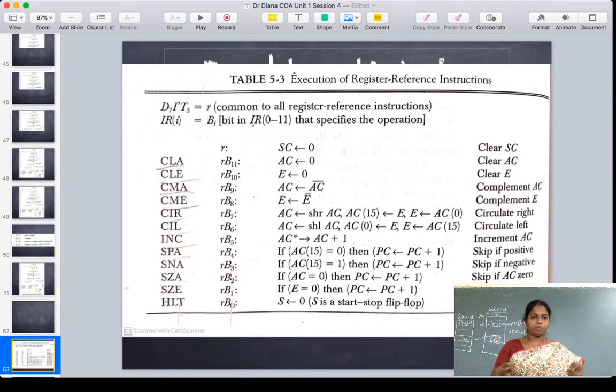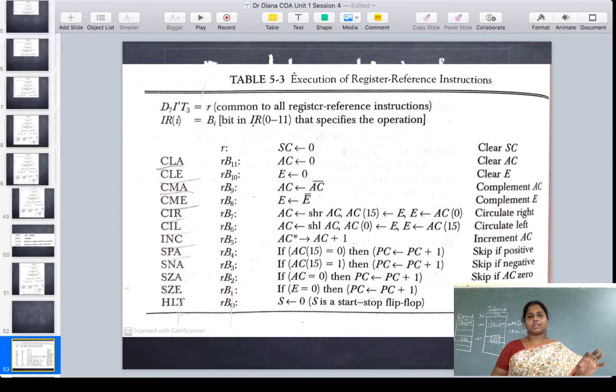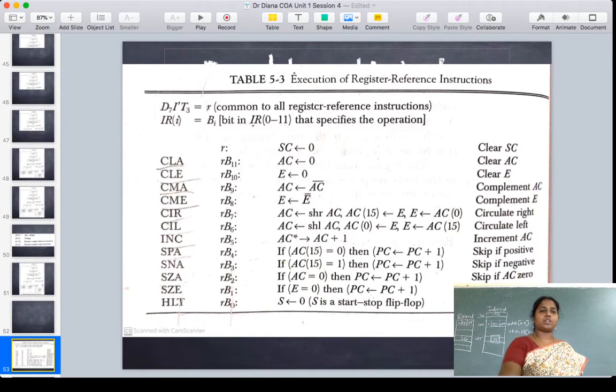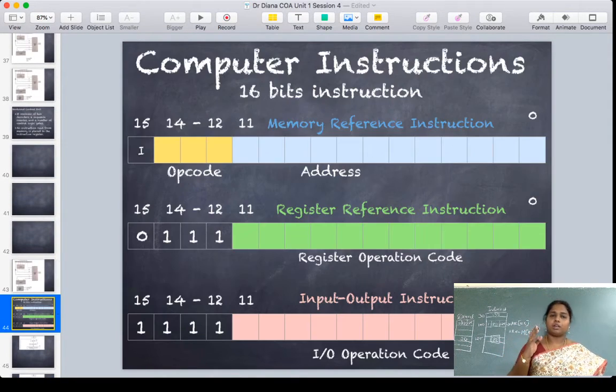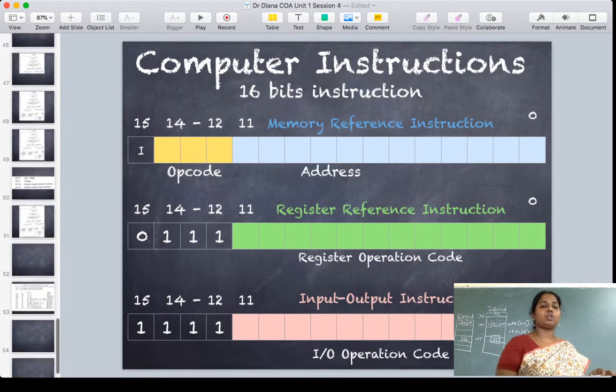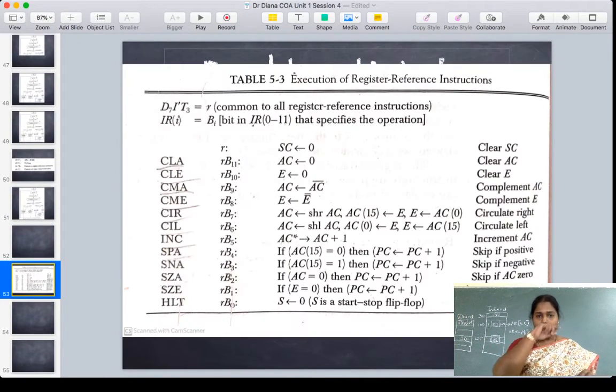Because all opcode bits are set to 1, I can't distinguish between different instructions using bits 12 to 14. They are predefined for register reference instruction. So for register reference instruction, we see that the bits 12 to 15 are 0, 111 only. To identify what exactly is the register reference instruction, I have to use bits 0 to 11. So, when I use bits 0 to 11, I can independently execute 12 different types of instructions. These are the 12 different instructions that can be executed on a register reference mode.